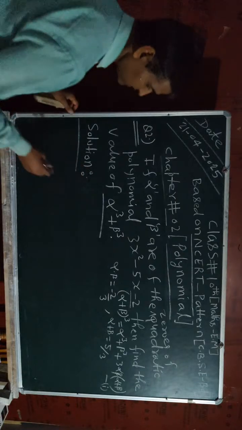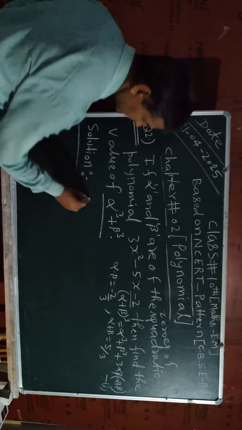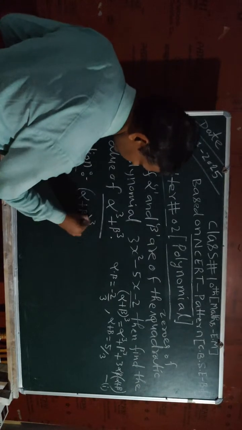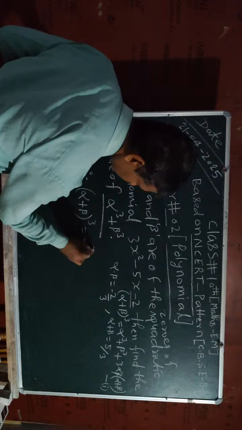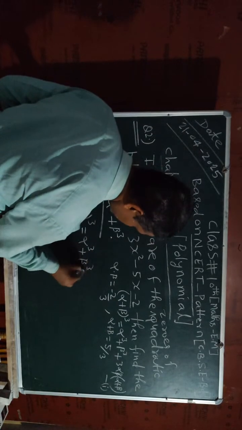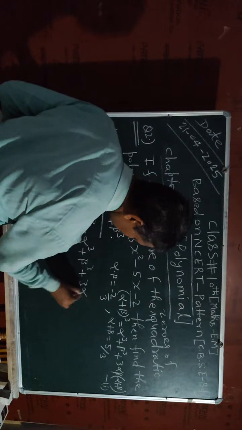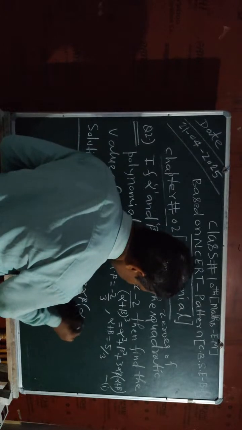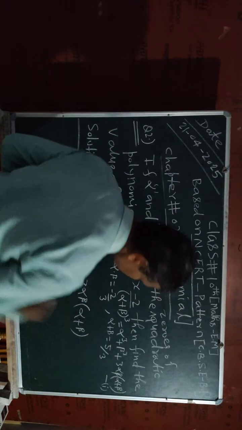So I am going to write identity number 1, that is alpha plus beta whole cube is equal to alpha cube plus beta cube plus 3 alpha into beta, in the bracket I will write alpha plus beta. Okay student, any issue?